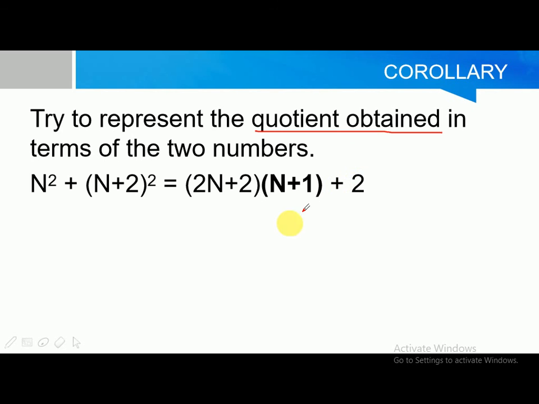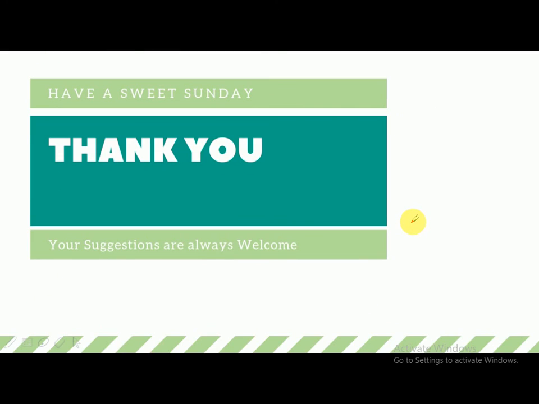So if I'm not wrong, the two numbers are n and n plus 2, and the quotient obtained is n plus 1. So now how will you get this from this? That's the question, and if you are able to do that, you are successful in finding out the corollary. That's it for today.